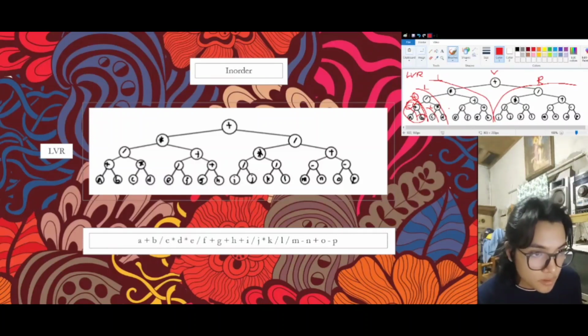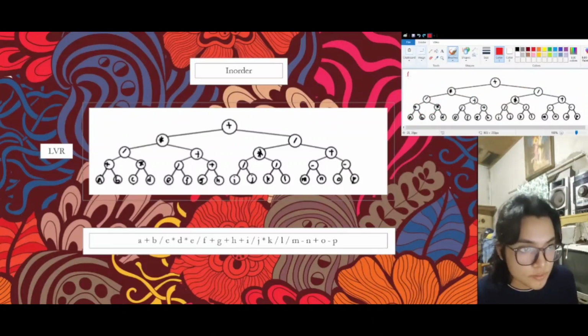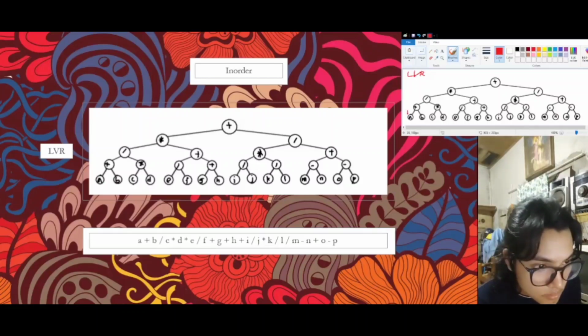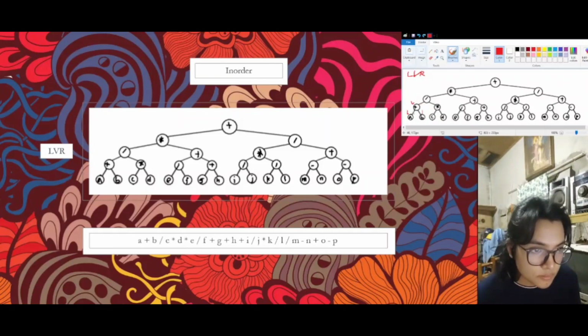Let me clear it first before we confuse ourselves. This is LVR. This is going to be our new left, and this is going to be our new V. Why is that?